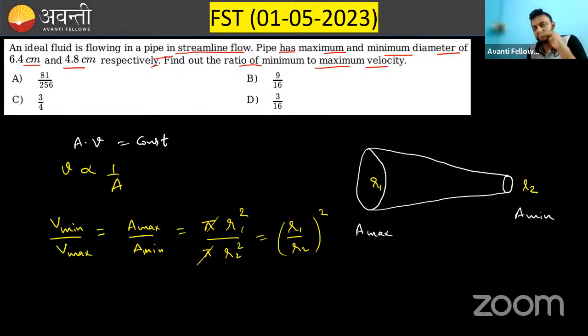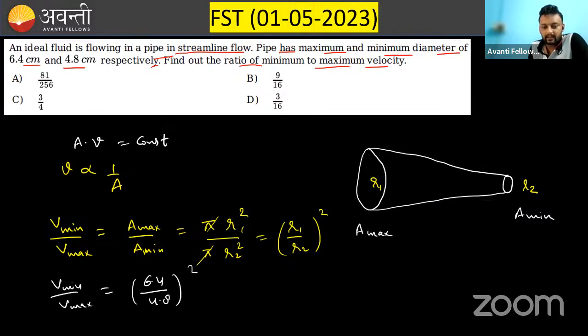The ratio of radius is the same as the ratio of diameters, so we can use that. So V minimum over V maximum is equal to 6.4 divided by 4.8, whole square. You can cancel out, that will be 16 by 9 if you square it. That will be 16 by 9.